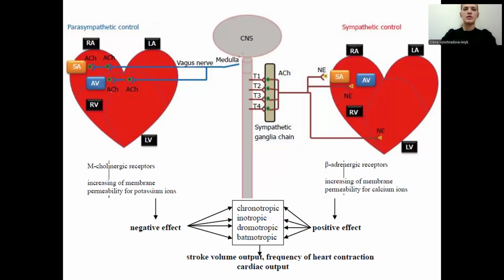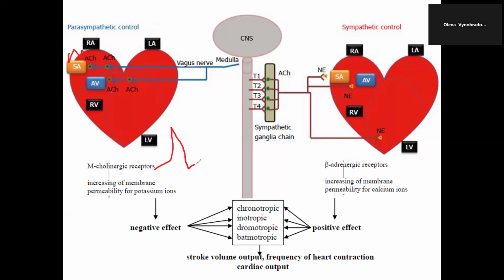When we are talking about the parasympathetic system, we are talking about the vagus nerve and its influence through acetylcholine, important muscarinic acetylcholine receptors. Muscarinic acetylcholine receptors increase membrane permeability for potassium ions. If potassium ions, it means again this is like a state of rest.